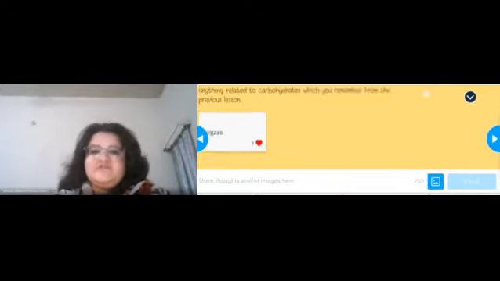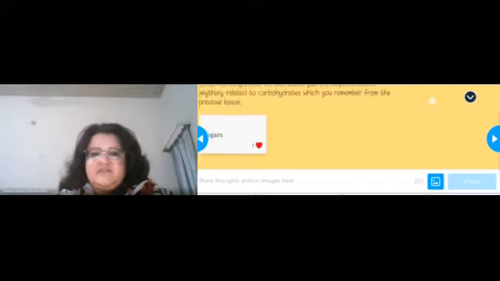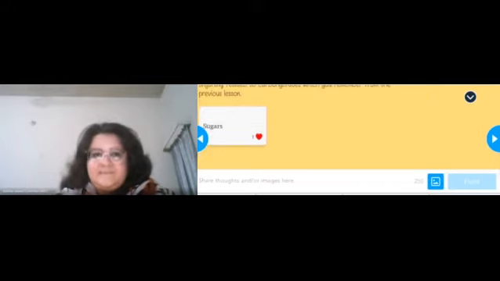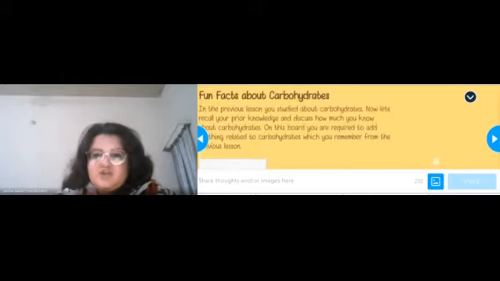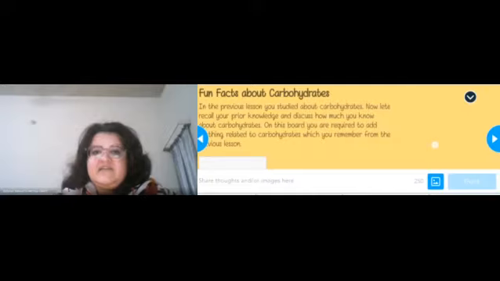You can also like other people's sticky notes. This is a part of your classwork. I'm going to save its screenshots with me, so I recommend each and everyone to post any fact about carbohydrates which you know. Okay, let's move to the next slide.